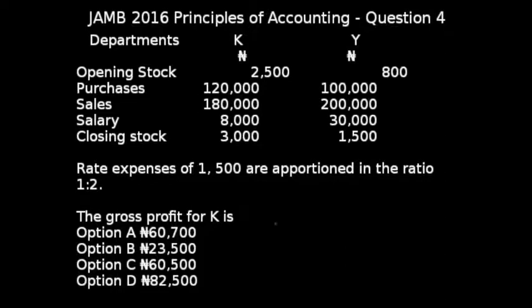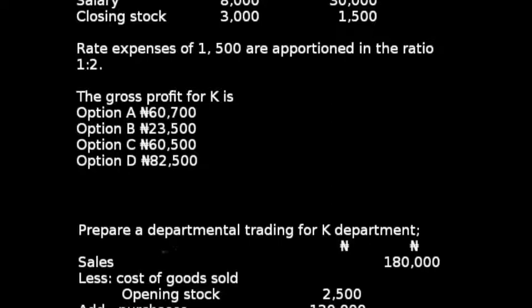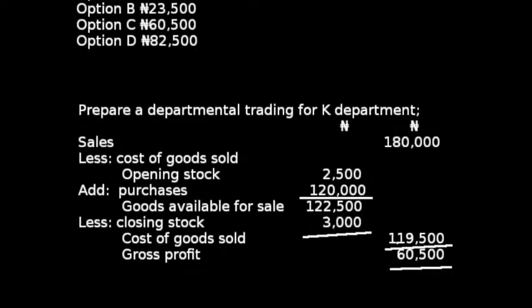So how are we expected to find our gross profit for Care? Using all items that have to do with the Care department, to prepare the departmental trading account. So the very first thing we need to do, we post our sales to the extreme end here, where we have two naira signs, our second naira sign.